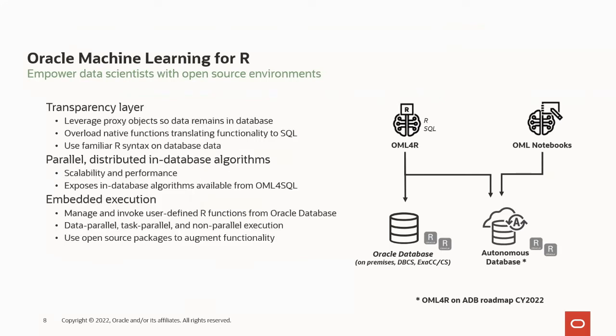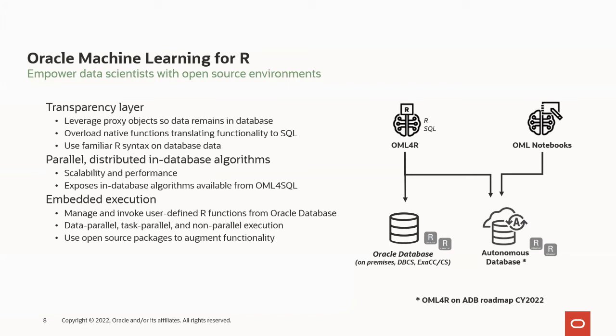The functionality across OML for R is characterized by three functional areas. Using proxy objects, the transparency layer allows data scientists and data engineers to operate on database data using familiar R syntax, overloading select functions that construct SQL for in-database processing. The in-database algorithms are exposed through familiar interfaces, for example, using the R formula specification to indicate the target and predictors.